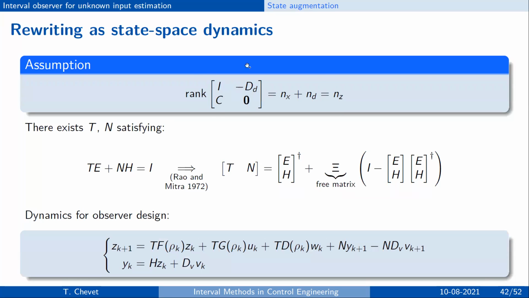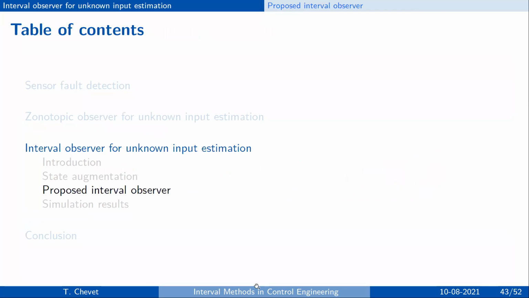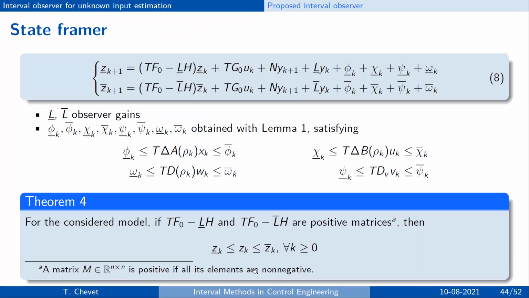Then we make the same assumption on the rank of this matrix. It has to have full rank, so that we can find matrices T and N satisfying this equation, with this expression involving C, again a free matrix. By multiplying by Z at time k plus 1, we get these dynamics that we will use to design a framer and an interval observer.